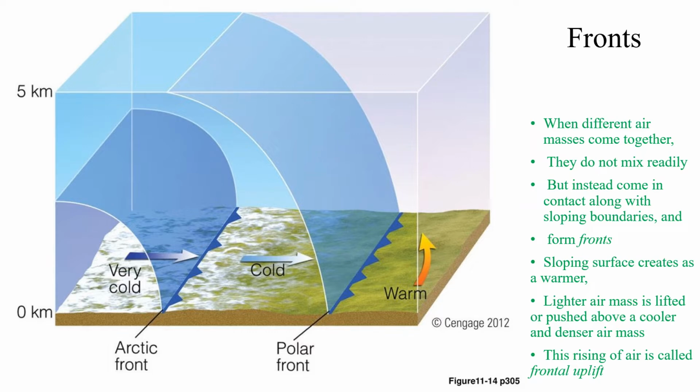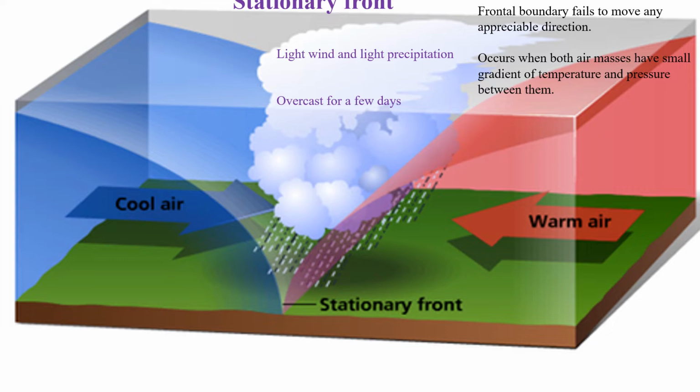So you need to know first what a stationary front means. When two air masses are moving in opposite directions, when they meet, they cannot move in any appreciable direction.